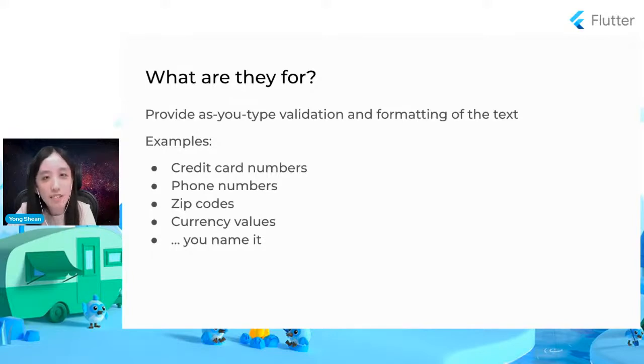Then you will ask, why do we use input formatters and not input validation, where you just show an error message right below the field? That's because sometimes it is more useful to just block the user from typing the characters that are not allowed instead of just showing a validation message. So next, we are going to look at how we achieve this in Flutter.